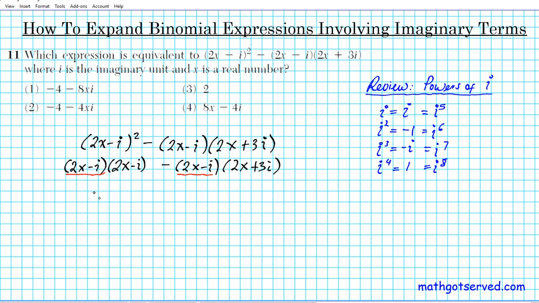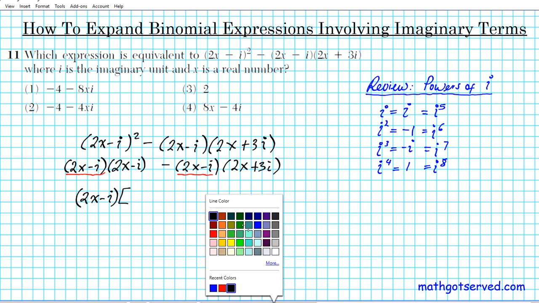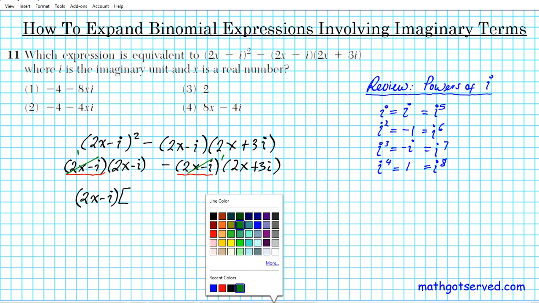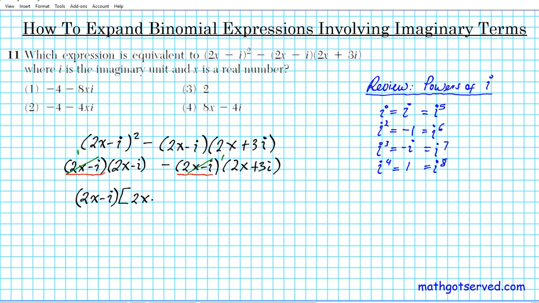Factoring out 2x − i is as though we're dividing by that quantity. When you factor it out, those two factors become 1, and this is what you have left: 2x − i minus, and now you have to be really careful here.